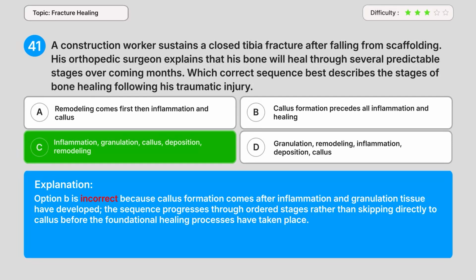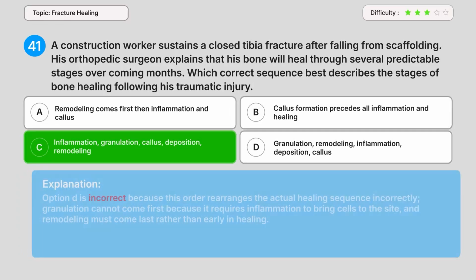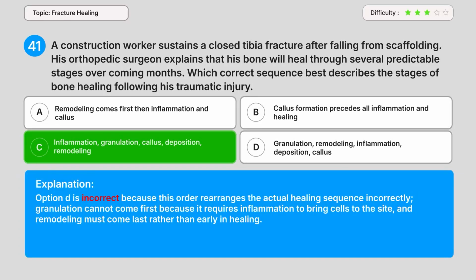The sequence progresses through ordered stages rather than skipping directly to callus before the foundational healing processes have taken place. Option D is incorrect because this order rearranges the actual healing sequence incorrectly. Granulation cannot come first because it requires inflammation to bring cells to the site, and remodeling must come last rather than early in healing.